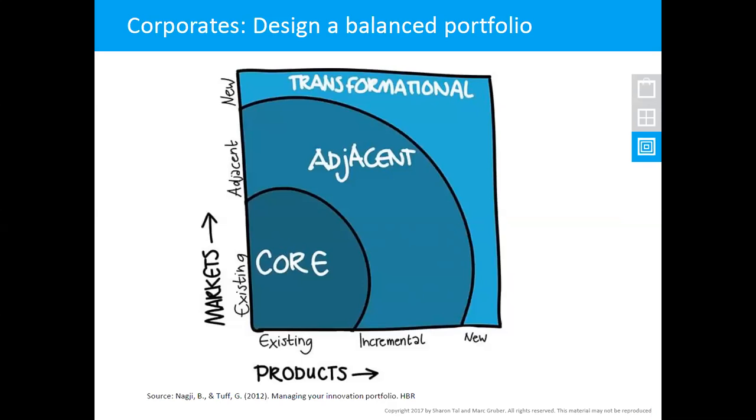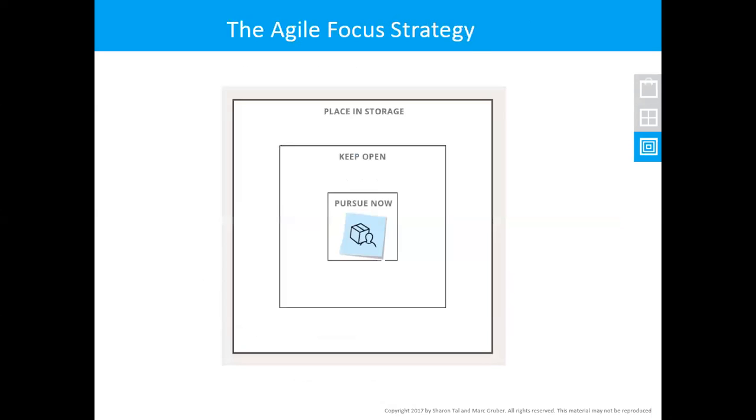This would create a balanced portfolio for your company and will allow you to manage uncertainty more efficiently. So you can use additional market opportunities that you discovered to map where they are and to design this balanced portfolio for your corporate. So now let's see how this is done.